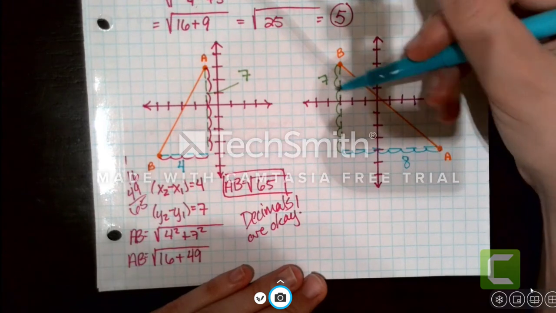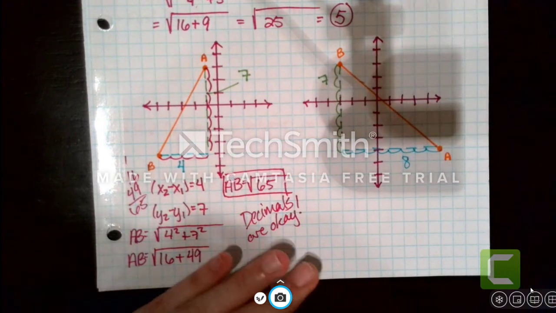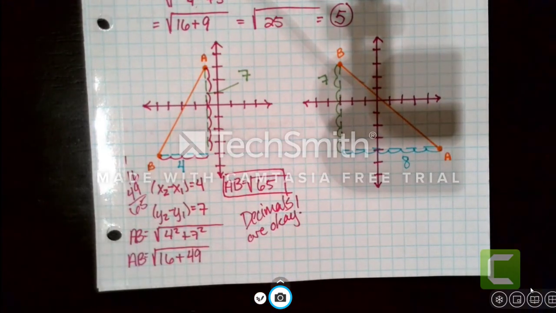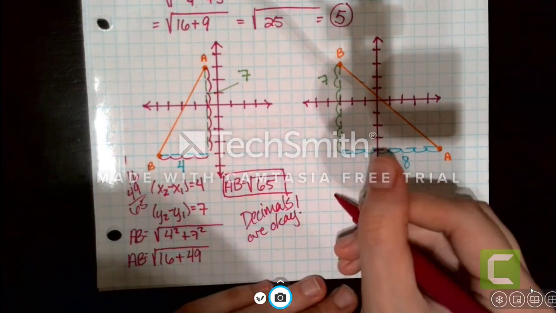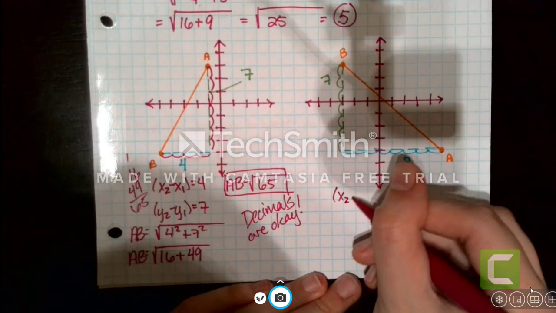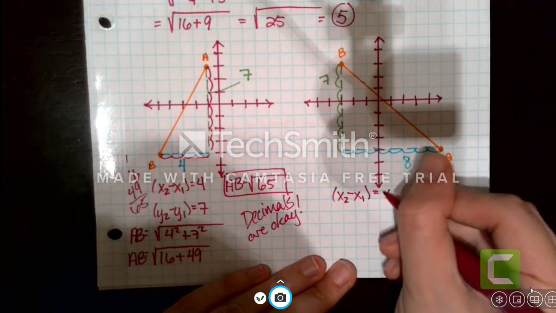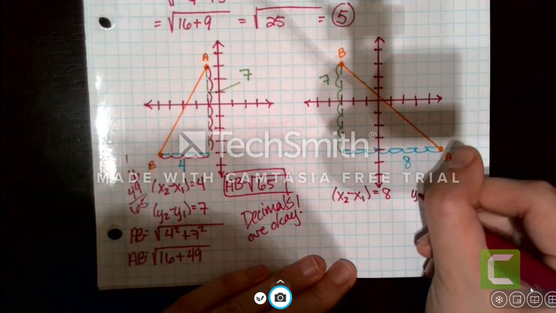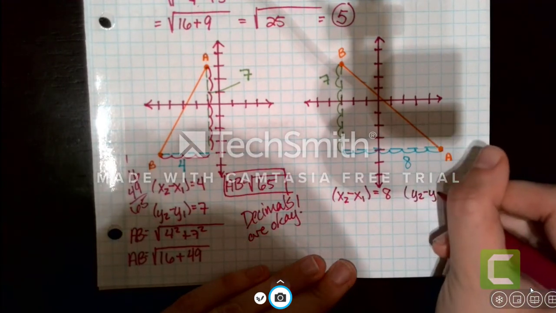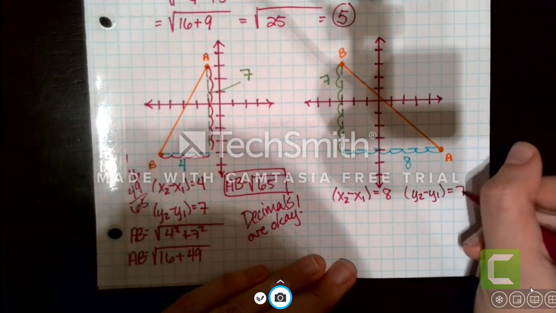We can tell that from looking at this, we will not get a nice clean square root. Write out the values just like we did over here. Your x2 minus x1 is equal to 8, and your y2 minus y1 is equal to 7.